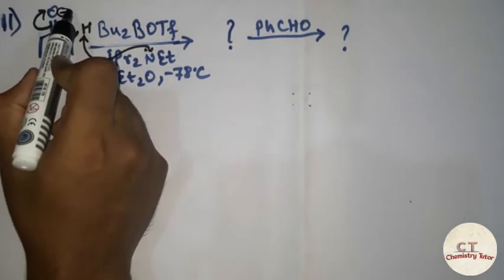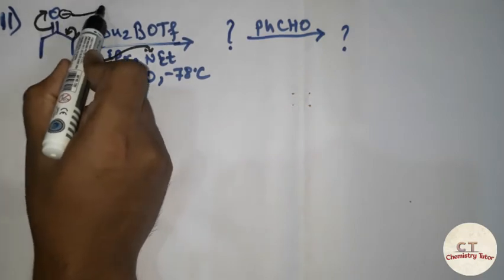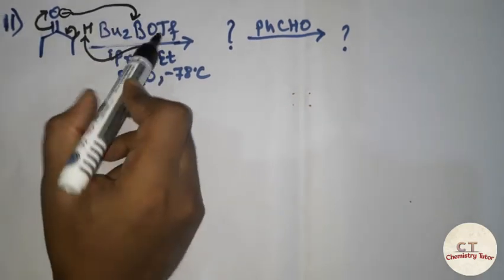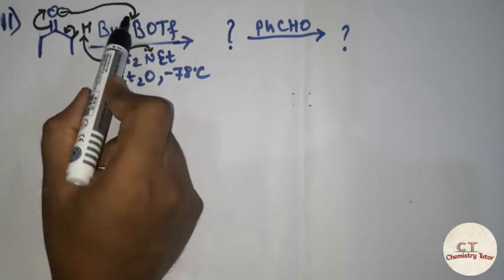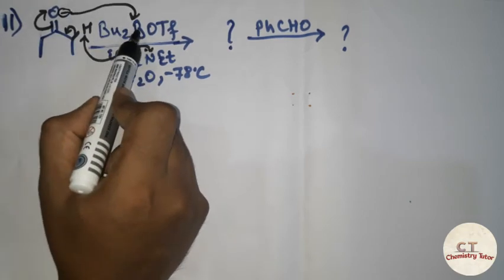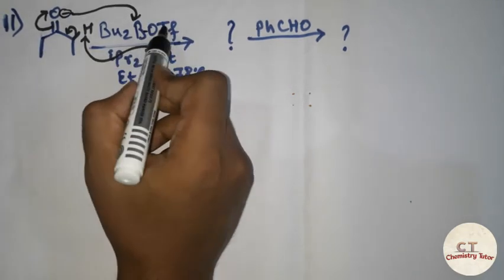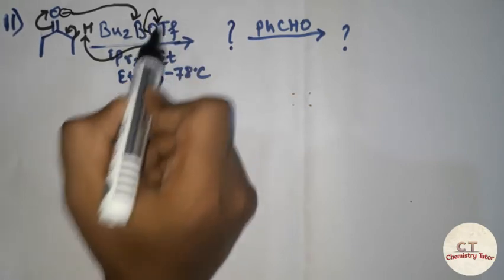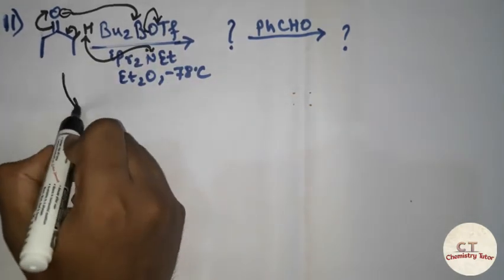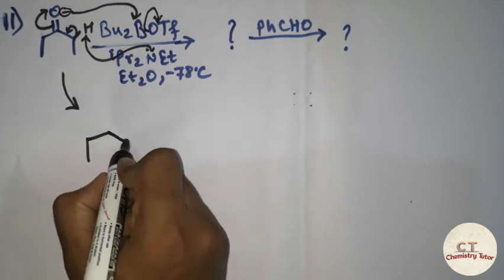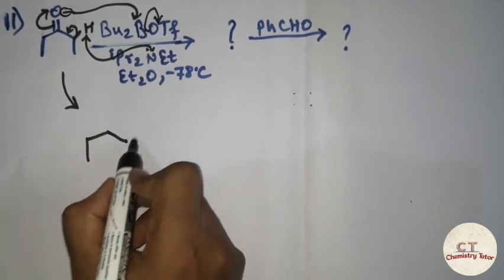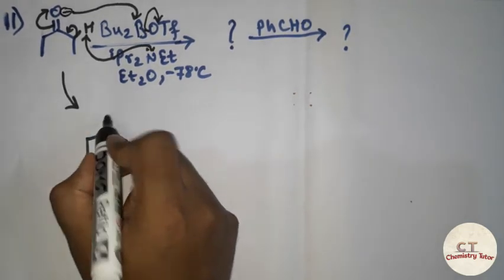Then this negative charge is going to attack boron, since boron is electron deficient, right? So it is going to give some electron density to the boron, and then OTf is a good leaving group, it is going to leave here. So what we get from here is, wait, I will show you what enolate is going to form.